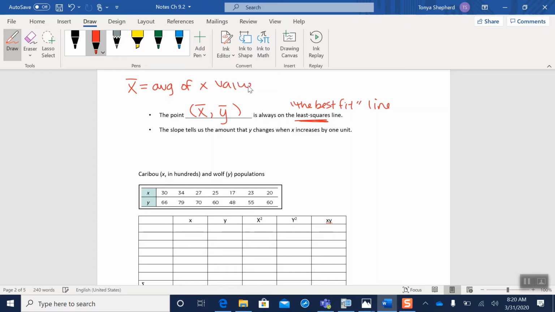On a scatter plot, x bar is going to be the average of the x values, and y bar is going to be the average of the y values. And so this point, x bar, y bar, is always going to fall on our best fit line. And we already know slope tells us the amount that y changes as x is changing.